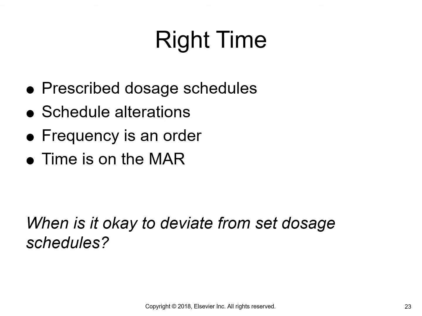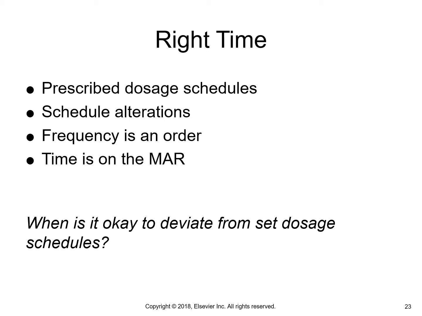So once we transcribe the order from BID, then it goes into the MAR as 08 and 2000, perhaps 09 and 21, perhaps 10 and 10, whatever the order is. Then it'll be transcribed onto the MAR as times, okay?